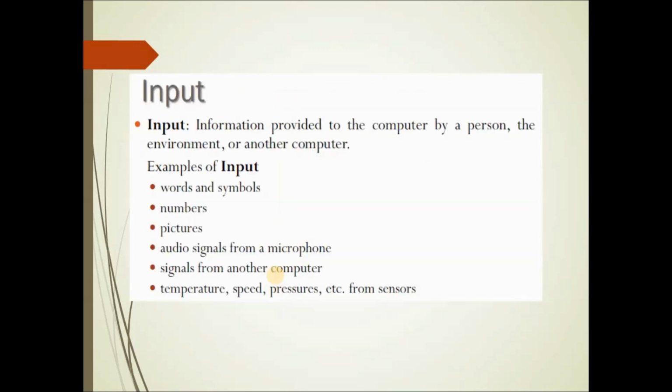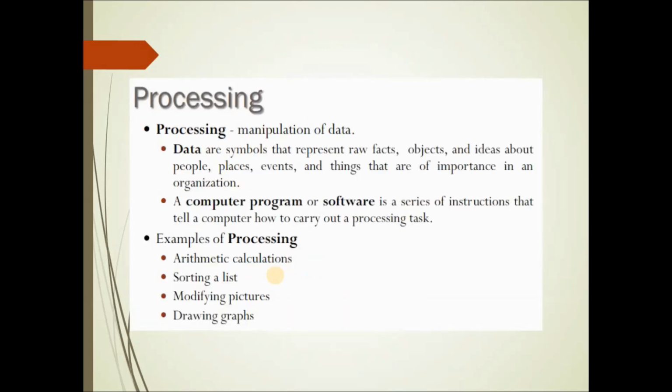Input: information provided to the computer by a person, the environment or another computer. Examples of inputs: words as symbols, numbers, pictures, audio signals from the microphone, signals from another computer, temperature, speed, pressure, etc. from sensors.